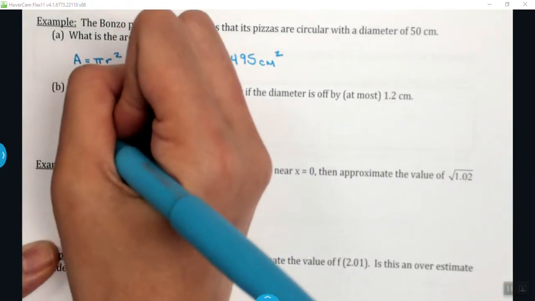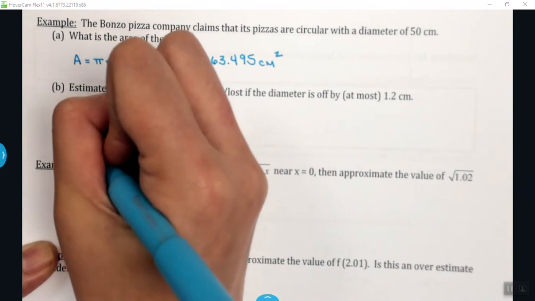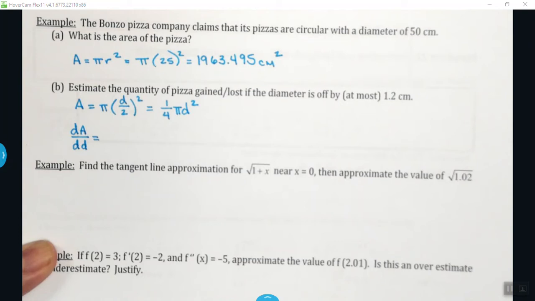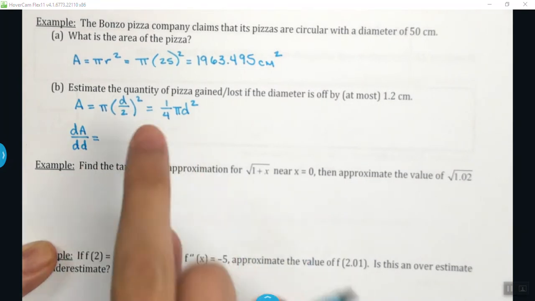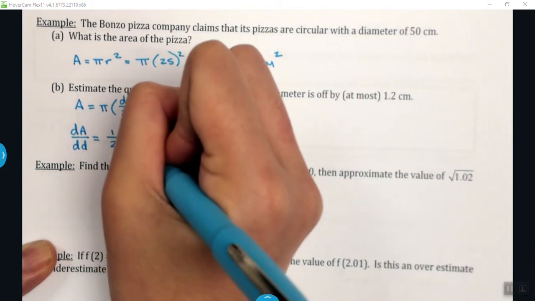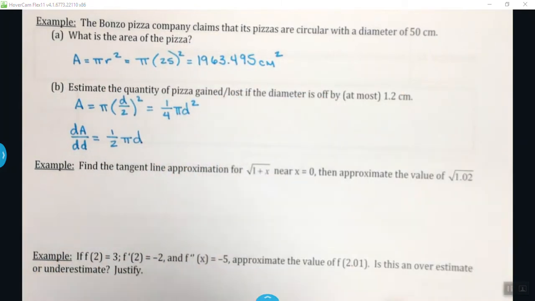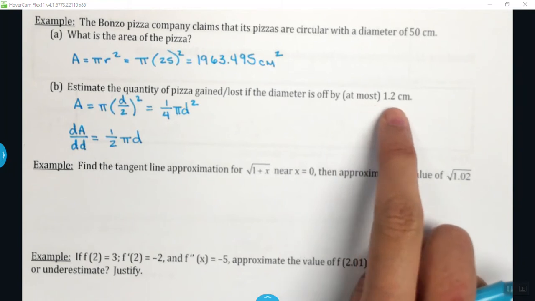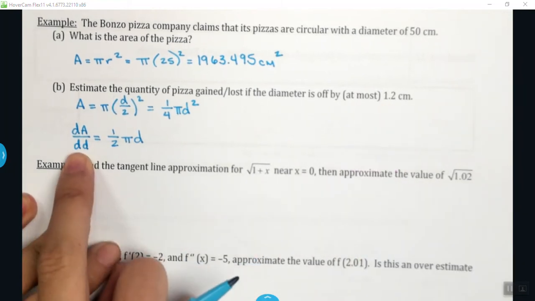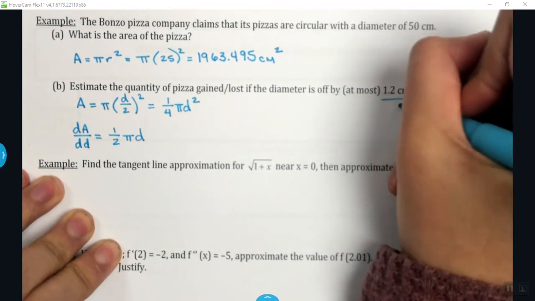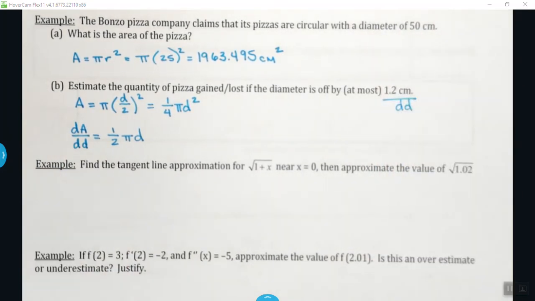Now we can take the derivative, dA/dD, the derivative of A with respect to diameter, is 1/2 pi d. Then if your diameter is off by at most 1.2, the change in d is 1.2. So this is dD, the change in diameter.